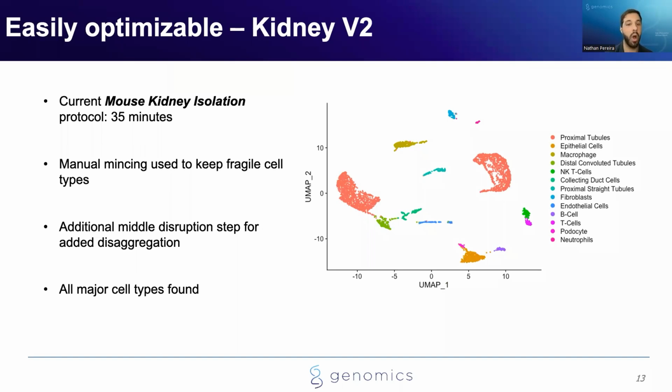You can see pretty much all of the expected cell types, proximal tubules, and now we have lots of epithelial cells, even sensitive podocytes and rare podocytes, and a variety of different immune cells. So it's super easily optimizable. This is changing two parameters, incubation time and adding a disruption step, to easily optimize your protocols.